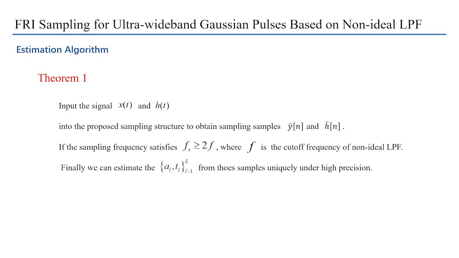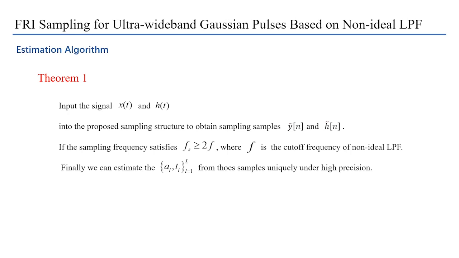The new estimation algorithm can be summarized as Theorem 1, and the proof process is given. Consider Gaussian process x(t), where the basis function h(t) is known. Assume that these two signals are input to the above proposed system. Then we can obtain that the samples are given by y_n and h_n respectively.